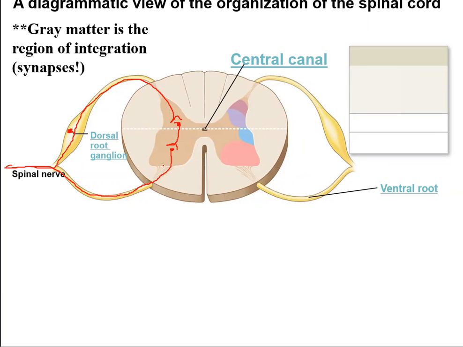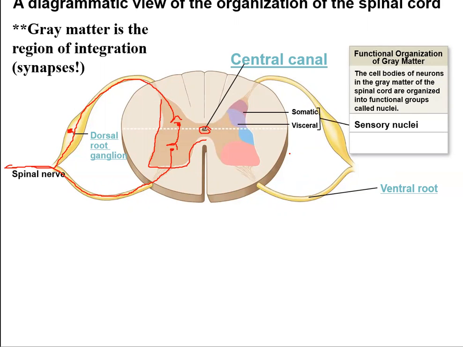But note that all of these synapses, cell body, axon terminal, all of that, is located within the gray matter, within this little butterfly shape right here. And also we can see the central canal.